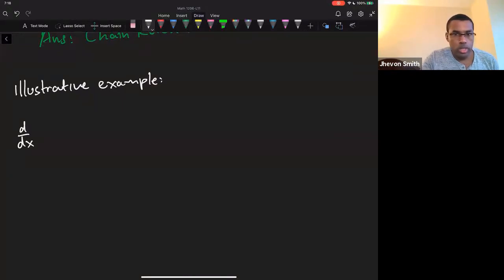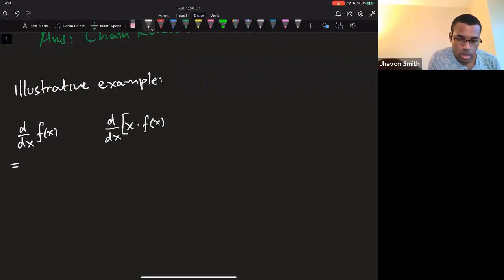Let's say here I wanted to differentiate some function f of x. What would that give me? Or I wanted to differentiate x times some function, right? Or I wanted to differentiate maybe x divided by some function.